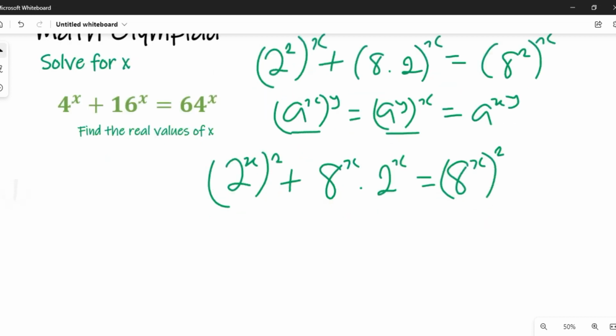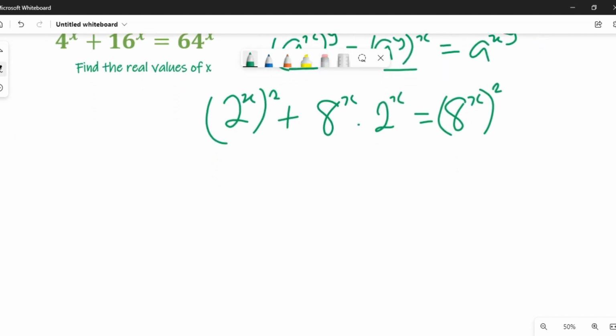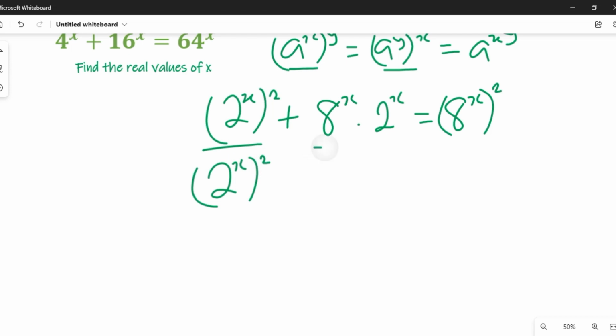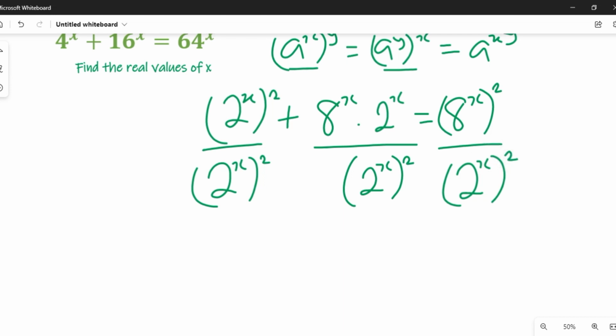So simplifying this further, we are going to divide every other part, including the left hand side, by what? 2^(2x). So if we divide every other part by 2^(2x), we reduce the expression and make our equation simpler.